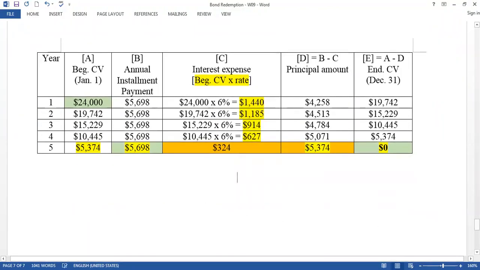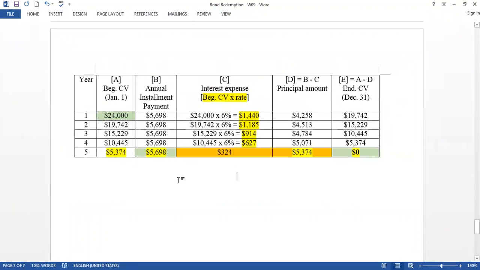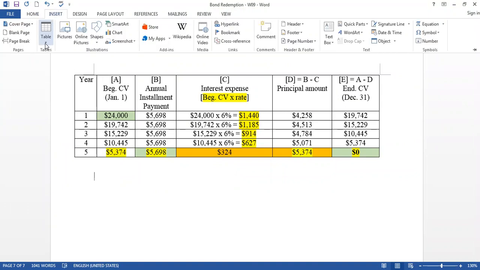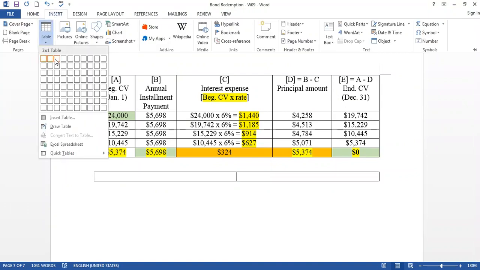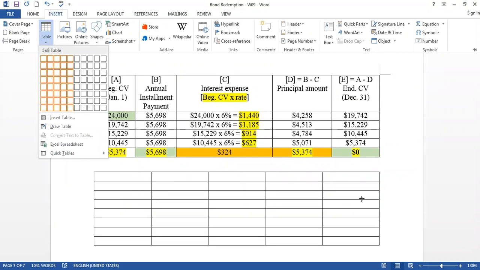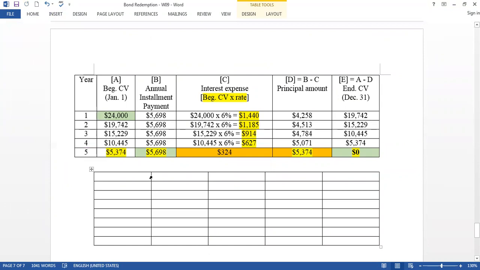Now we are going to record some journal entries based on this schedule. I'm not going to show you all journal entries, only some of them.